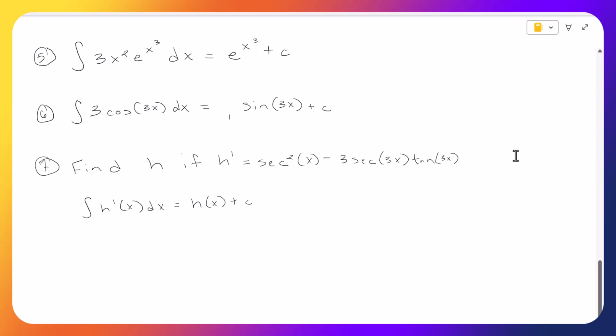So let's just integrate this whole function. So we're looking at the integral of secant squared of x minus 3 secant of 3x tangent of 3x dx.